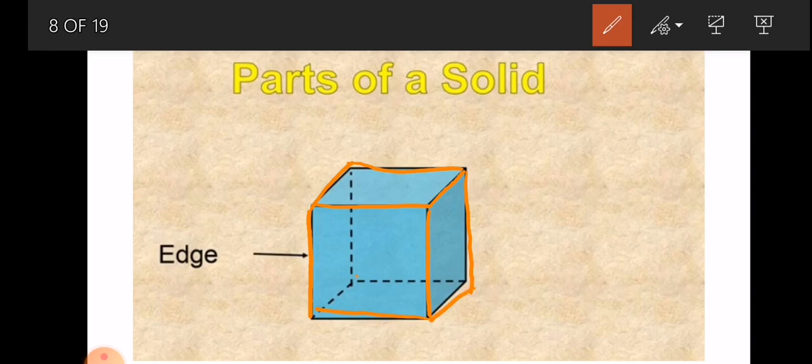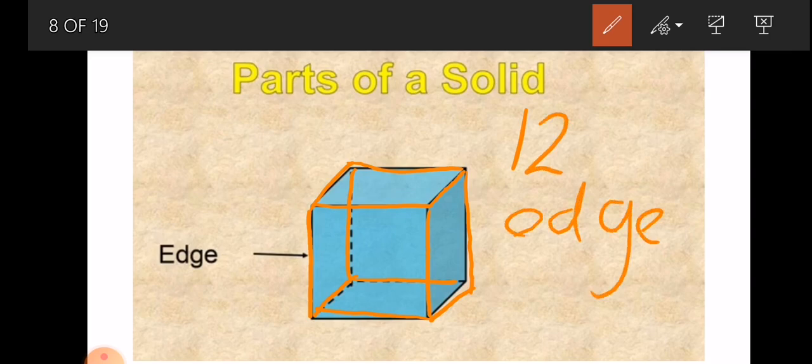Here inside we still have 10, 11, 12. So we have 12 edges. So if you have any solid figure in front of you, you understand what an edge means. If the picture is in front of you, you can start to count and tell how many edges you have in this solid figure.